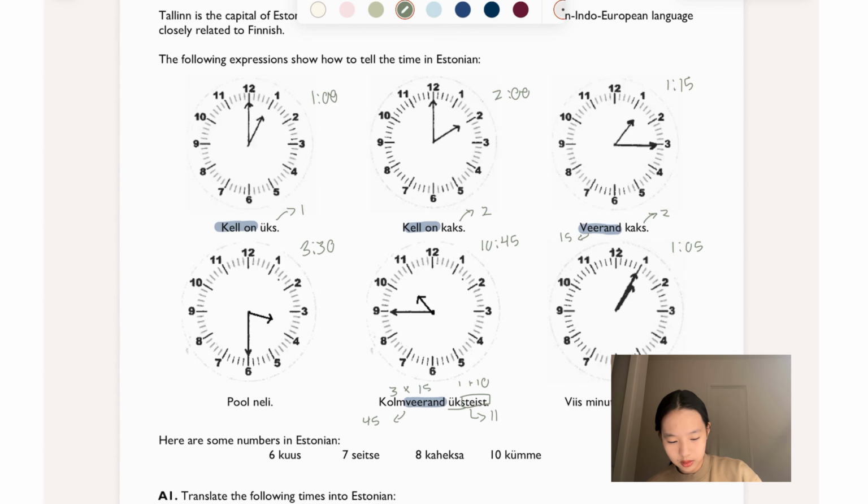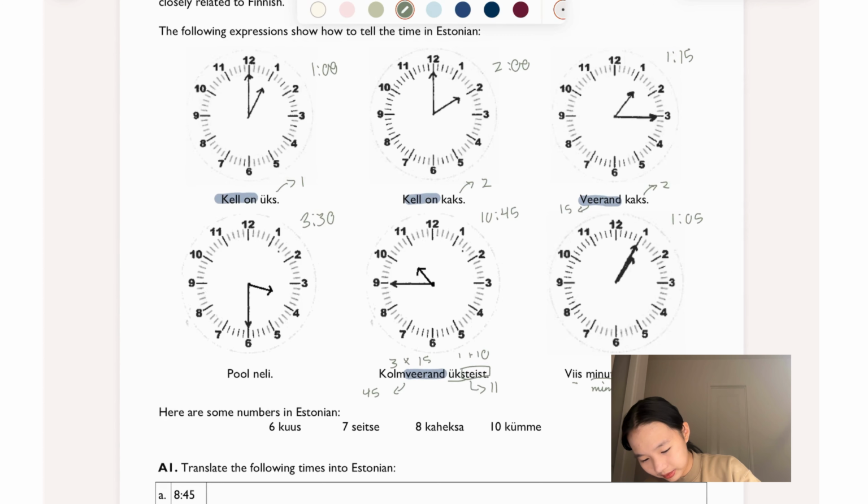And then the last clock we have, the minutit, I'm guessing, is minute, and then that's 1, and then this is probably 5 because 5 minutes past 1. And then the fourth one, since we said that com is 3, this is nali, so that's probably going to be 4, and then pu would be 30, or half.